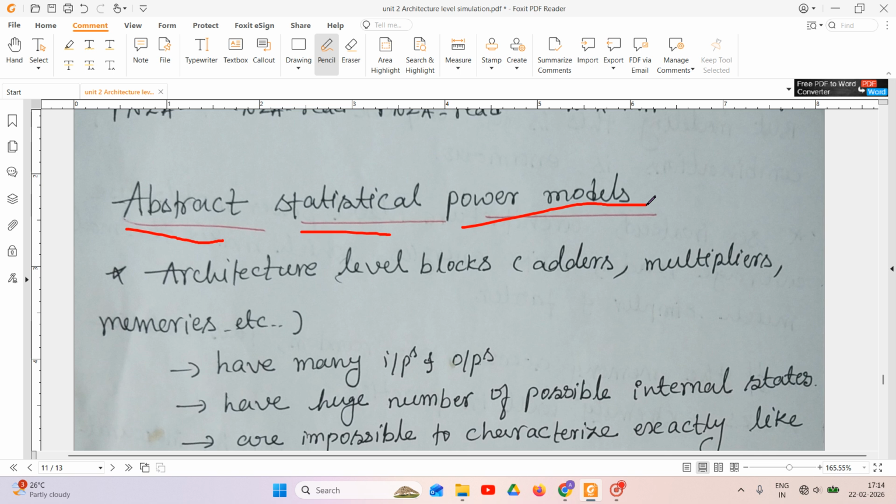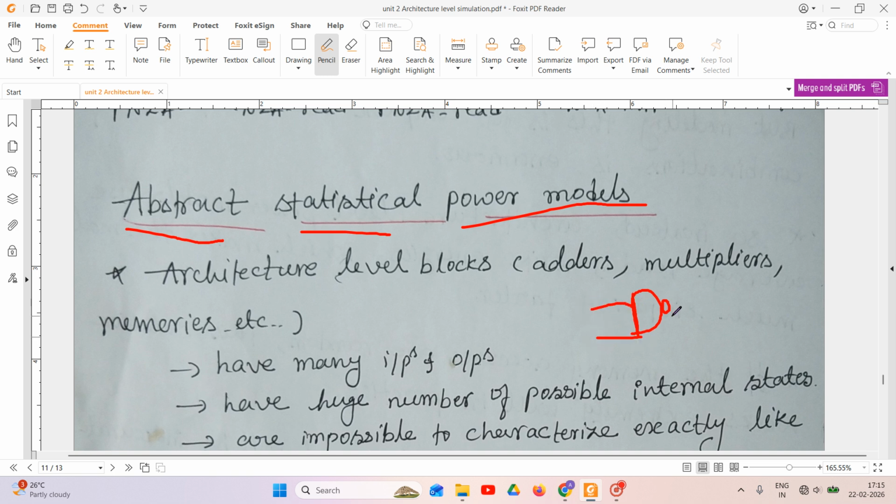If it is 2-bit, the number of input conditions is 4. If it is 3-bit, the number of input conditions is 8, right? So if we have internal nodes, then the number of input conditions also increases, as I have discussed in gate level simulation.